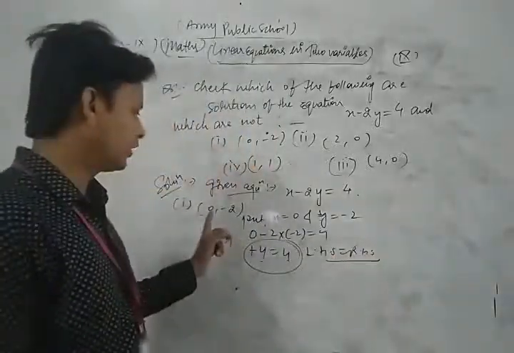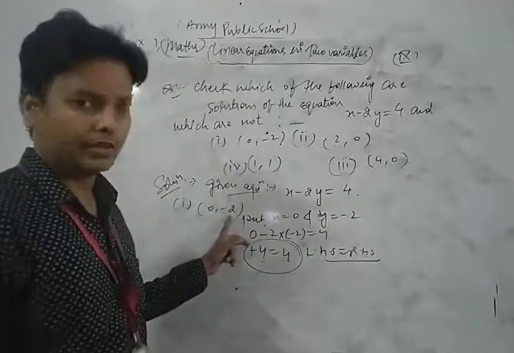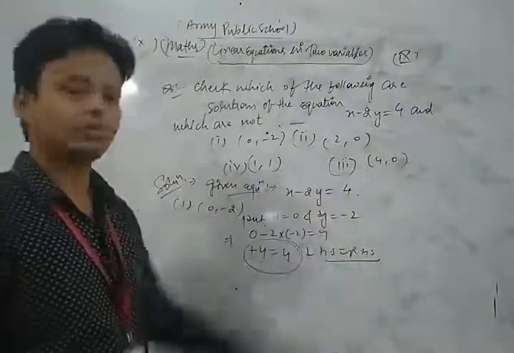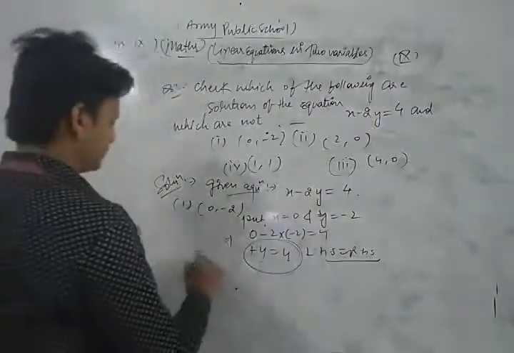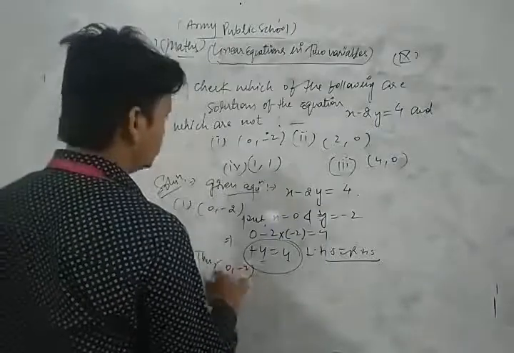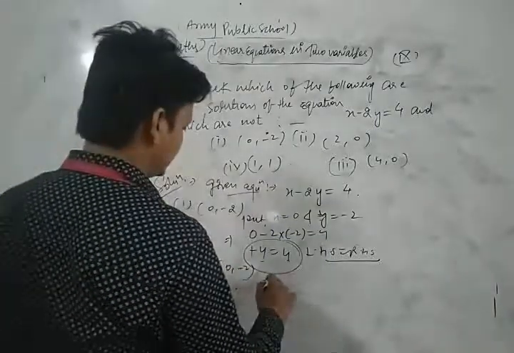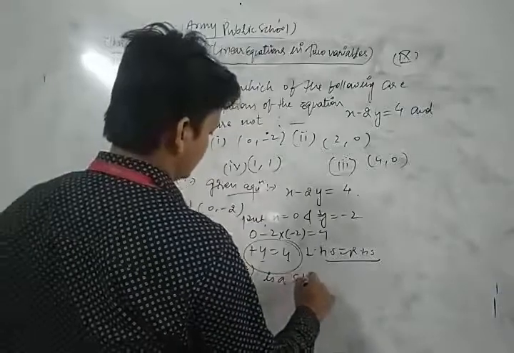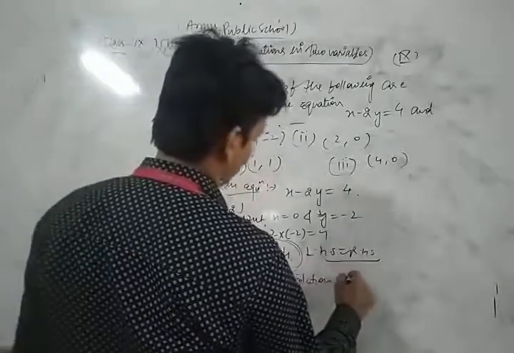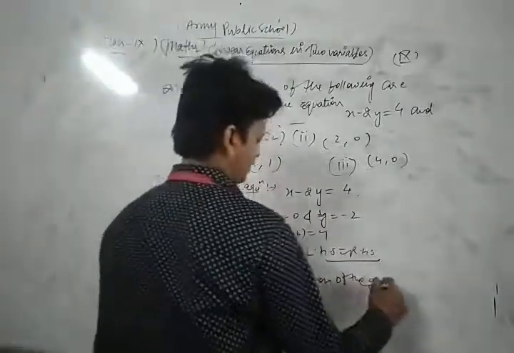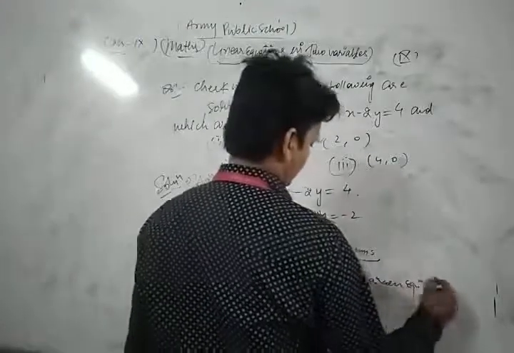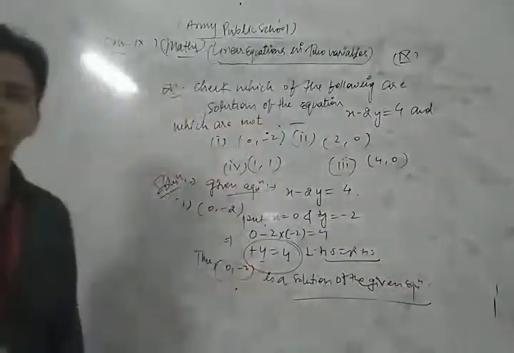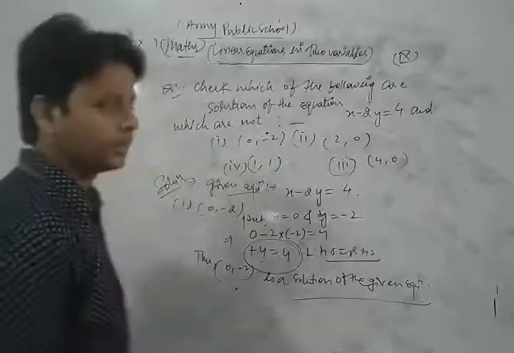Means after putting the values 0 and minus 2 as x and y, we get LHS is equal to RHS. Thus (0, minus 2) is a solution of the given equation. This is the answer.